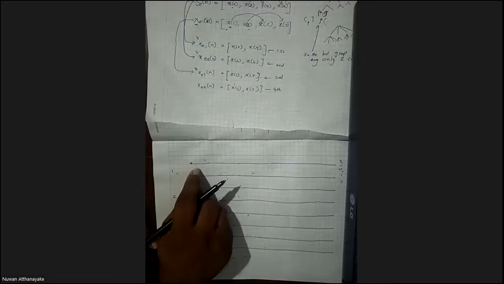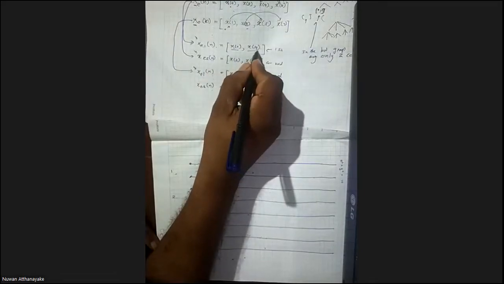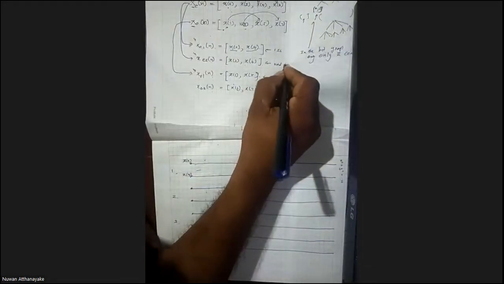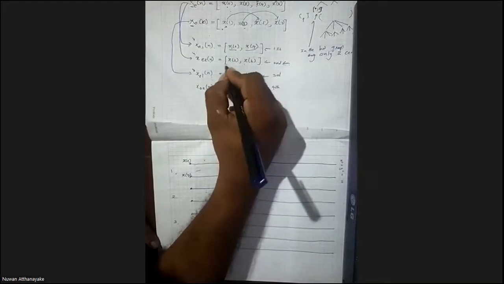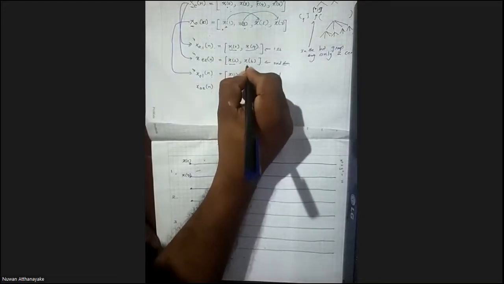And what are the components in the first group? You can see that it is x0 and x4. So it will be x0 and this will be x4. And this is my second group, and it will be x2, x6.